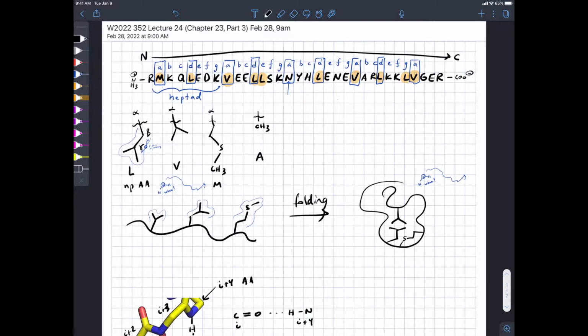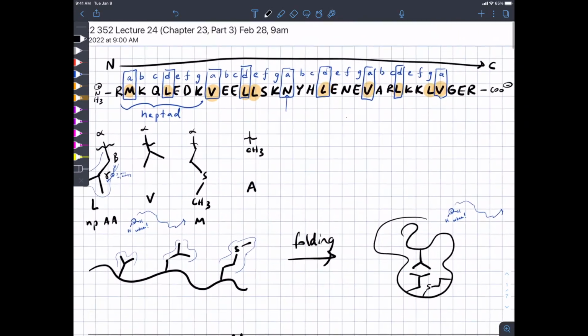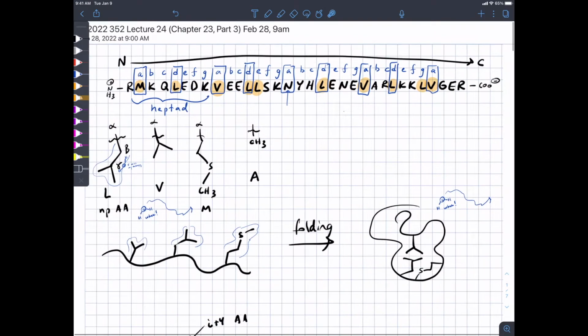When we were last together, we had examined this amino acid sequence, and we had pointed out that at regular intervals in this sequence, you see nonpolar residues, with some exceptions, but in general, they repeat every 3 and then every 4, almost as though you have this repeating 7 amino acid sequence where there's variation at places other than the first and the 4th amino acid, and those are the nonpolar ones.